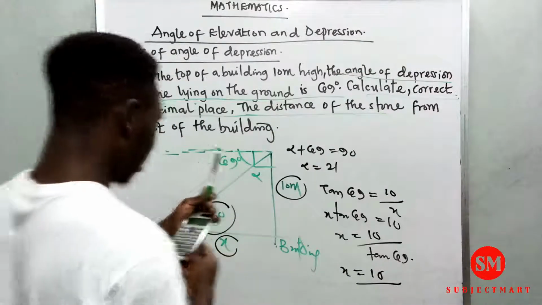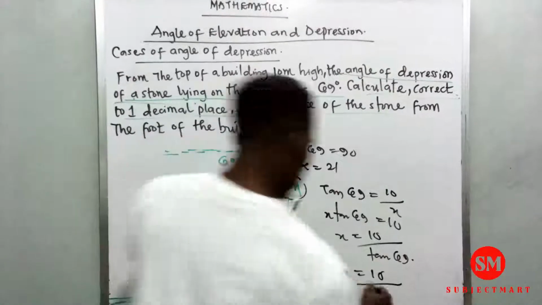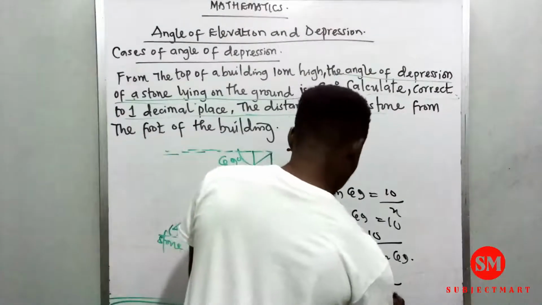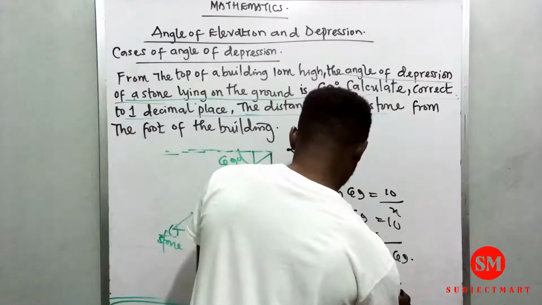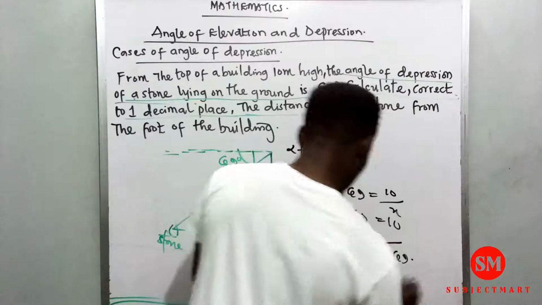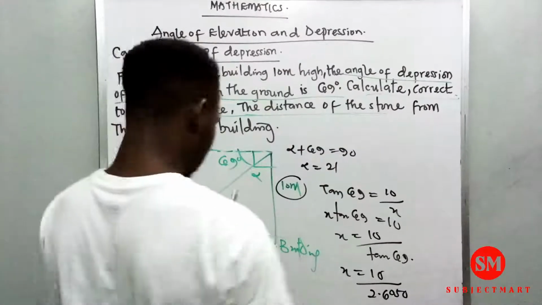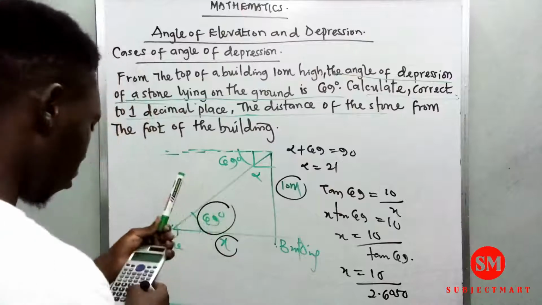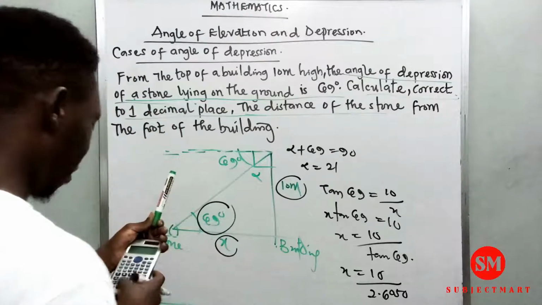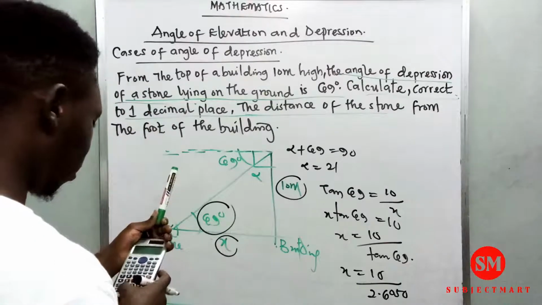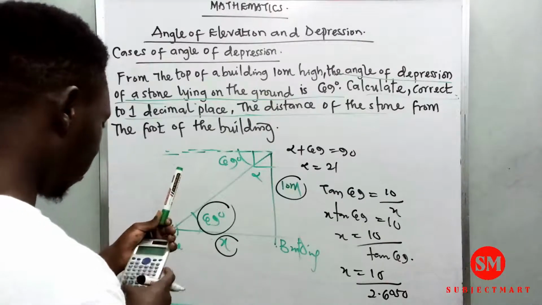Tan 69 gives the value of 2.6050. So we divide 10 by 2.6050.